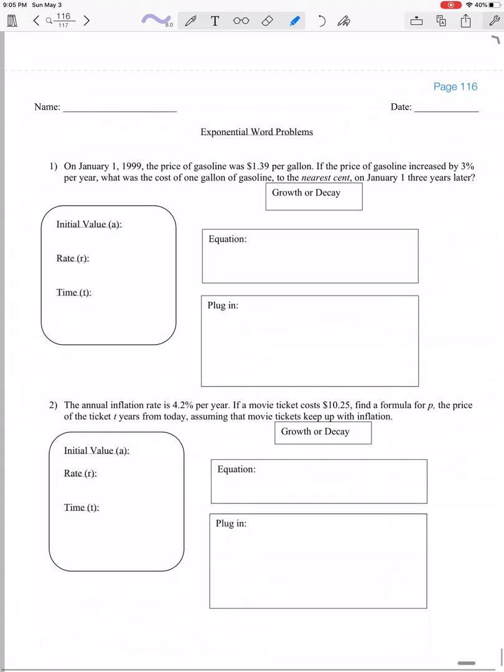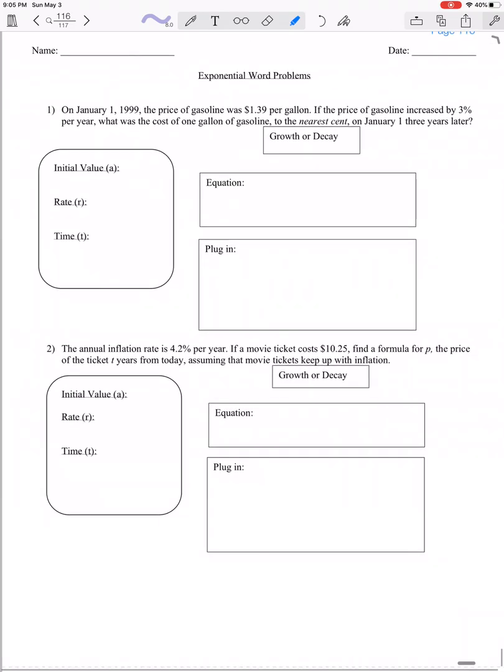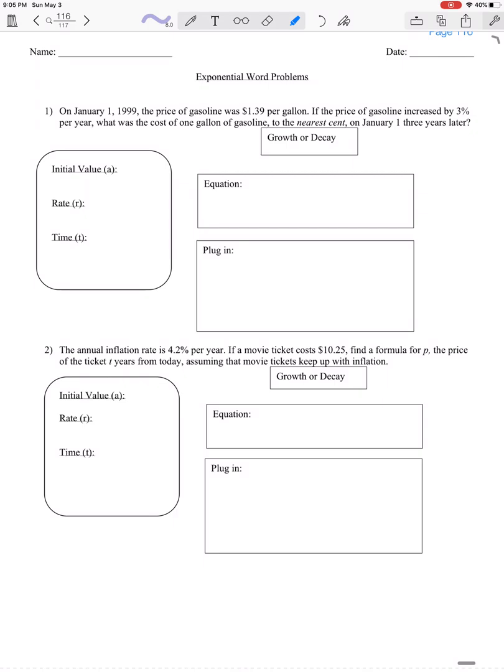So let's take a look at number 1. Now, when we do these, you're not always going to see these boxes, but you can always set these boxes up yourself. So the first step in doing this is you must decide, is it growth or decay? After we read the problem.